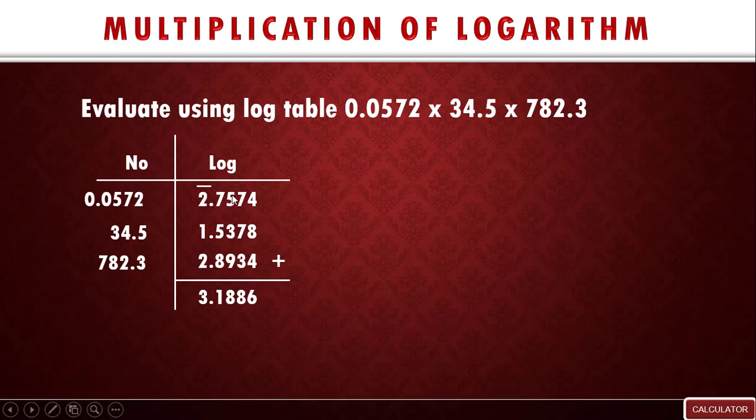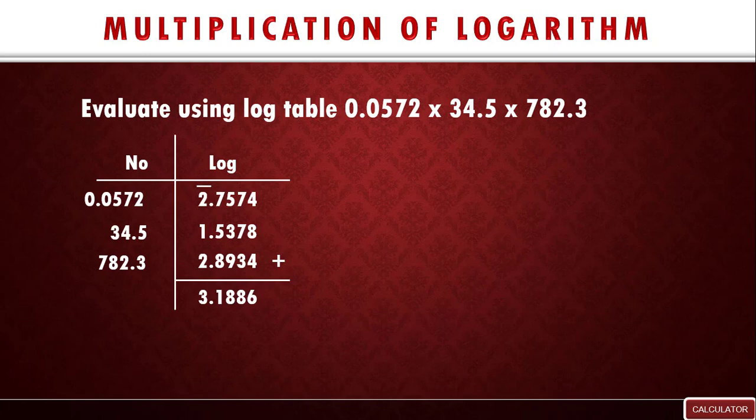So 1 plus 5 is 6. 6 plus 3 is 9. 9 plus 9 gives us 18. So we write down 8 and transfer 1 to the next stage. 1 plus 7 is 8. 8 plus 5 is 13. 13 plus 8 gives us 21. So we write down 1 and transfer the 2 to the next stage.